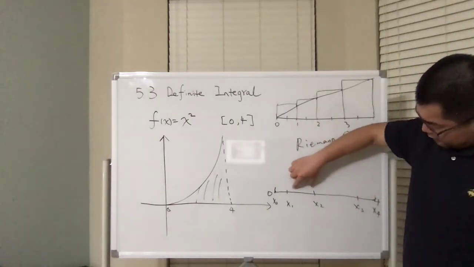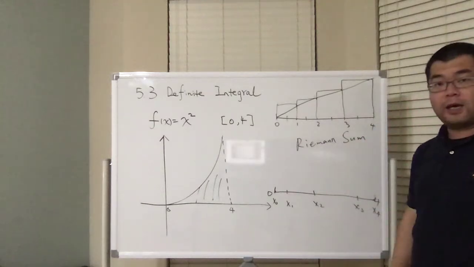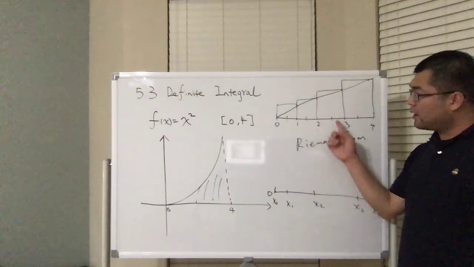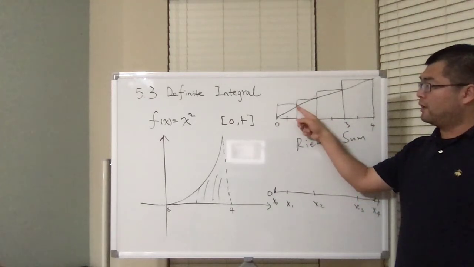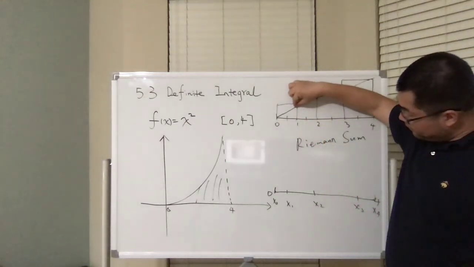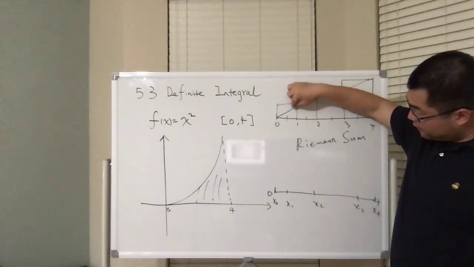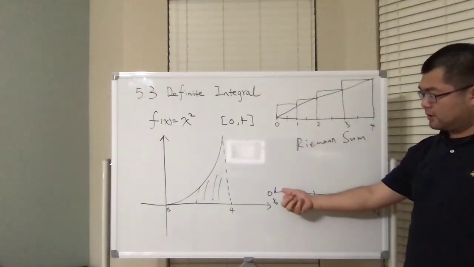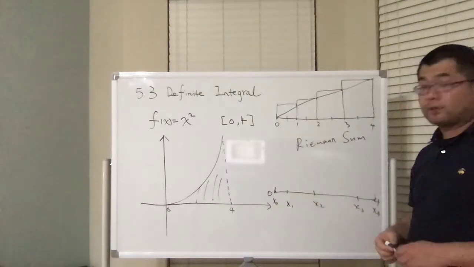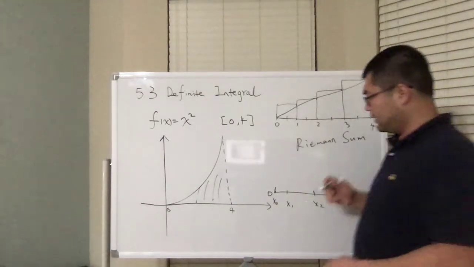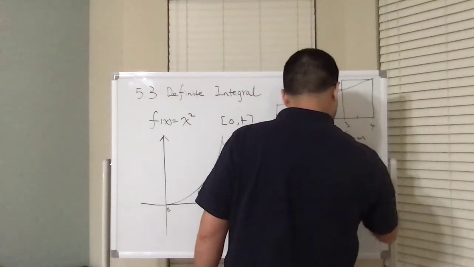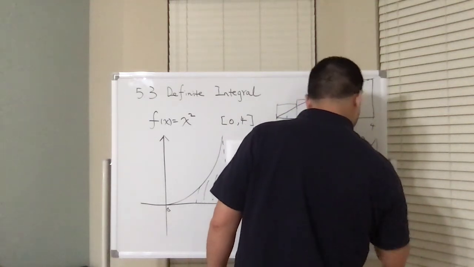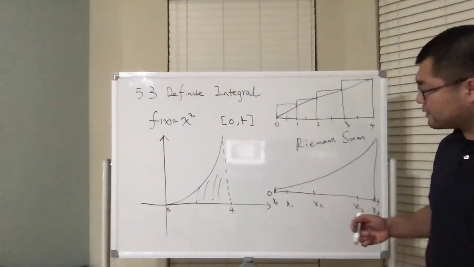Part 1, part 2, part 3, part 4. And remember, on the first part, we used the right hand side value to be the height for each rectangle. But when we try to construct a Riemann sum, if this is a graph, again, guys, trying to understand the big picture.